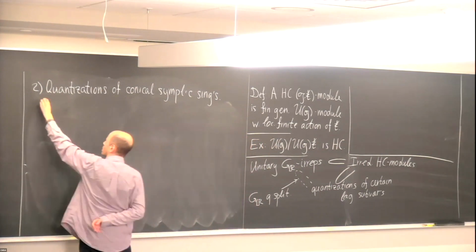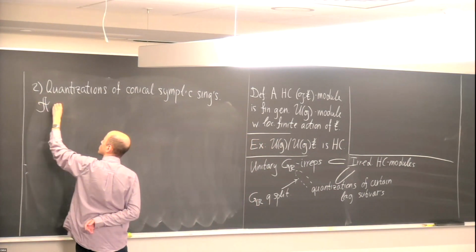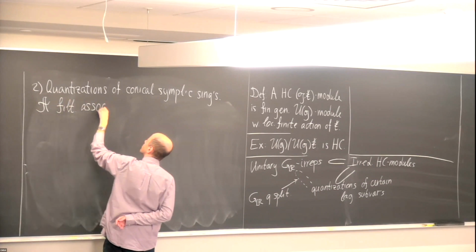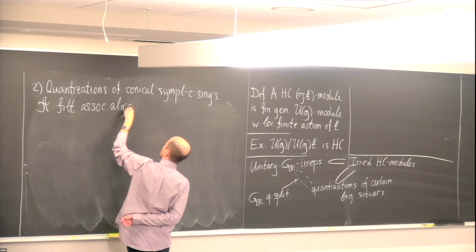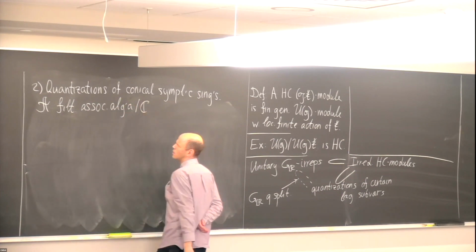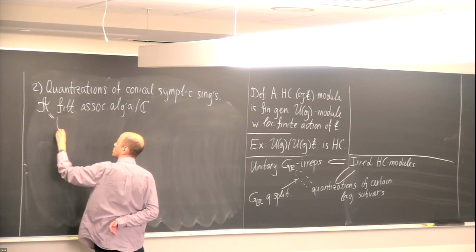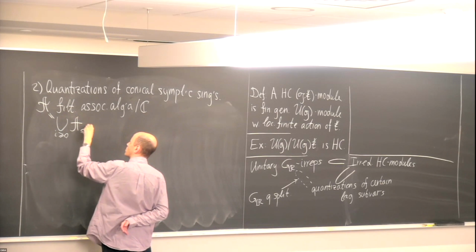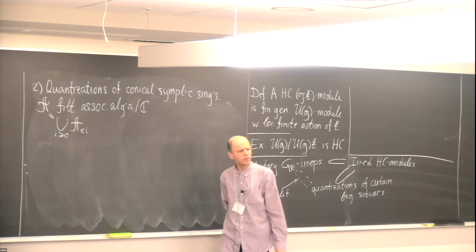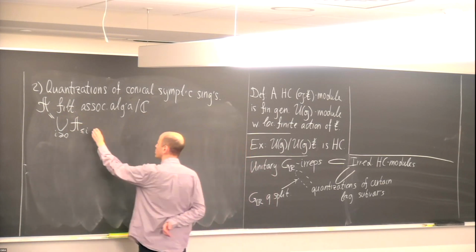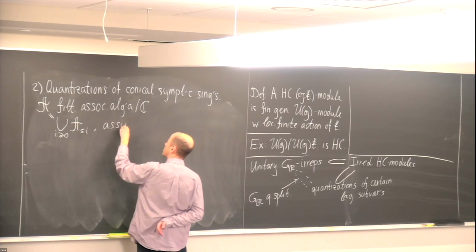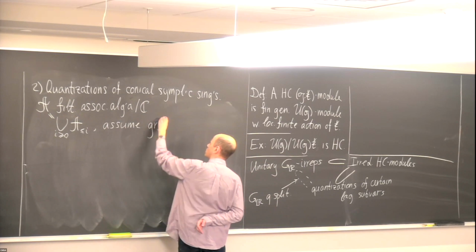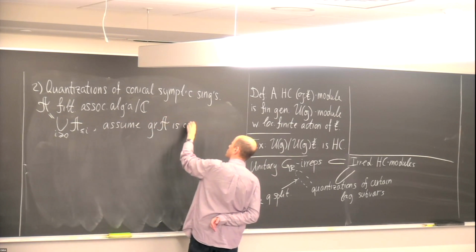I will start with curly A, which is going to be a filtered associative algebra over the complex numbers. Filtered means that it comes with an ascending filtration by subspaces. And I'm going to assume that the associated graded algebra of A is commutative.